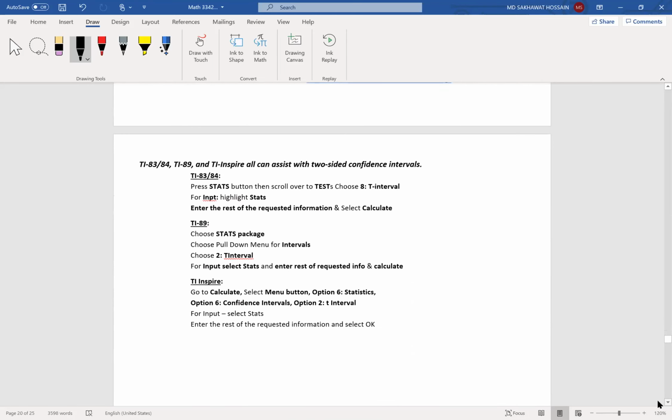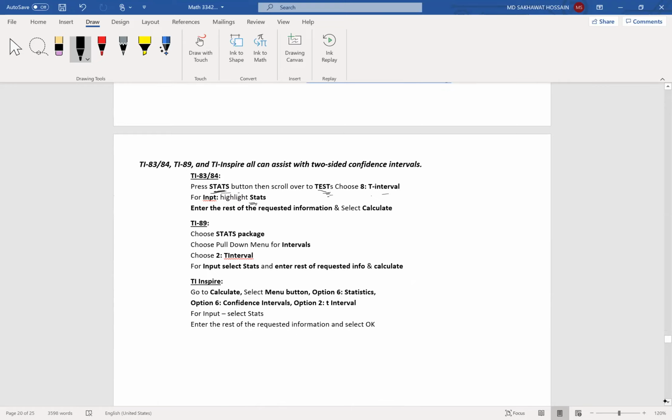So you can use a calculator. To find the confidence interval with a calculator, if you have a TI series, press the stats button, then scroll over to tests and choose T interval. T interval is number 8. For input, highlight stats to give the input and enter the requested information.